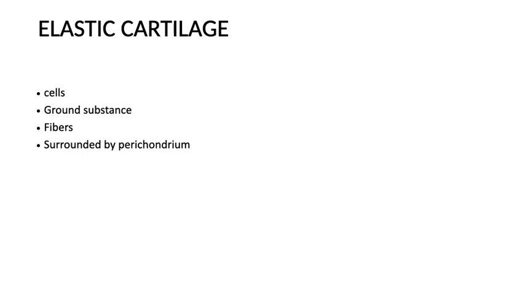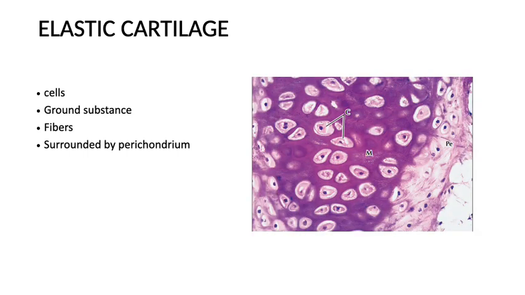So, cells are the same, cells with lacunae, and fibers are more of elastic fibers. So, this is the slide which will be seen like this, large cells seen, in between elastic fibers seen.